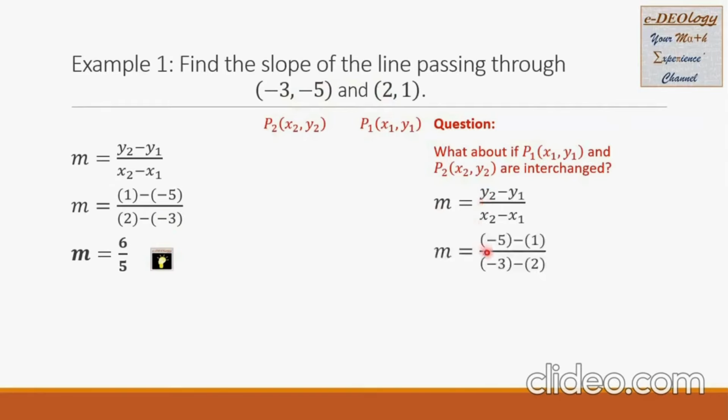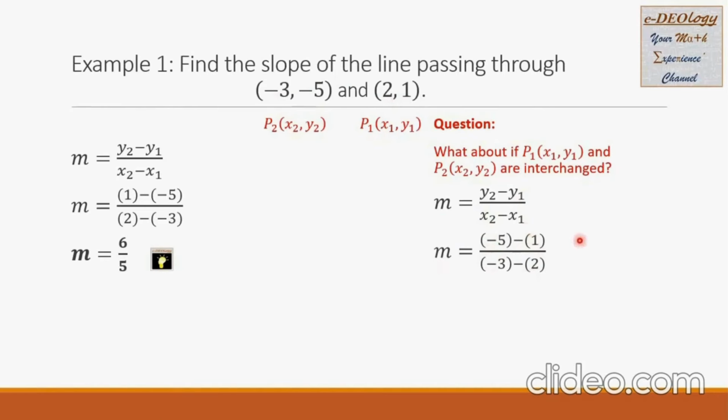Our y sub 2 is negative 5, minus the y sub 1, which is positive 1, all over x sub 2, which is negative 3, then minus x sub 1, which is positive 2.